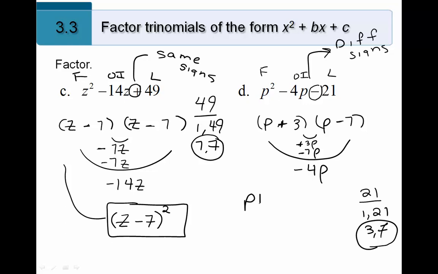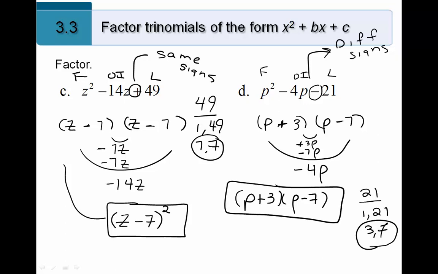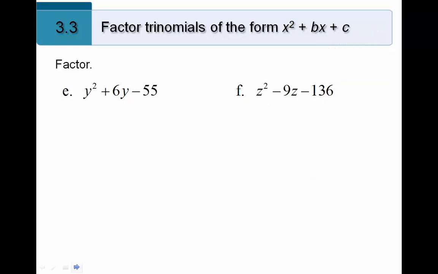So we get p plus 3 multiplied by p minus 7, or you can have p minus 7 multiplied by p plus 3. There's 4 more. All right, different signs.